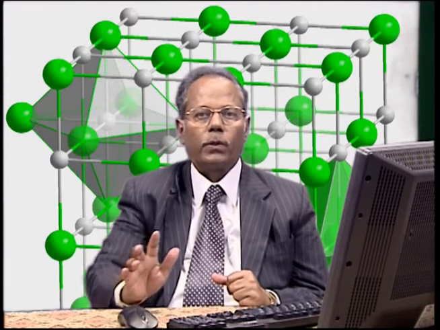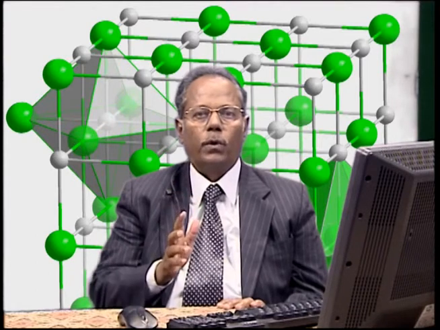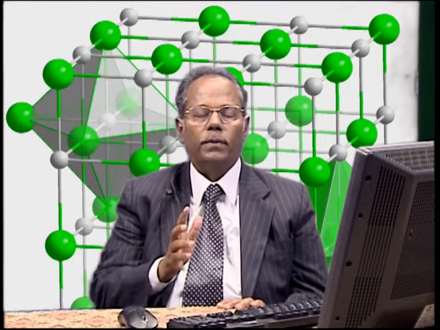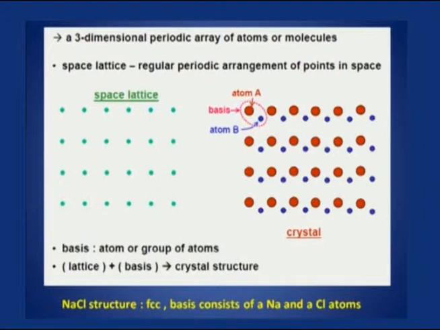Now, what do you mean by crystal structure? In order to understand crystal structure, the basic things which you should know are the meanings of the words lattice, basis, crystal structure. Now, this is the lattice, a space lattice. What do you mean by lattice?